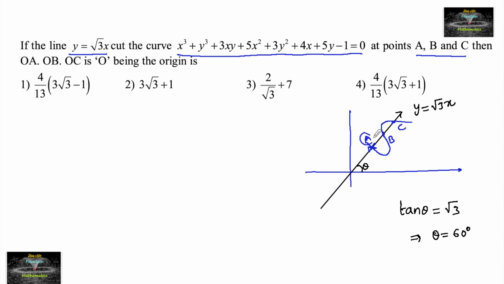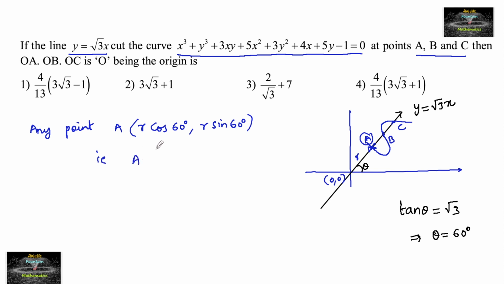So let's consider the point A, any point, say A, from origin at a distance of r units. So we can consider r cos theta, r sin theta, theta is 60 here, r cos 60, r sin 60 degrees.